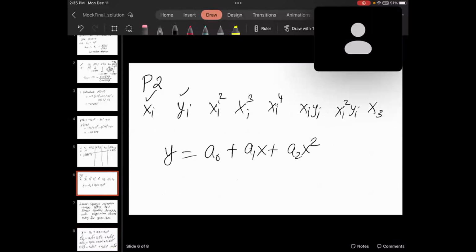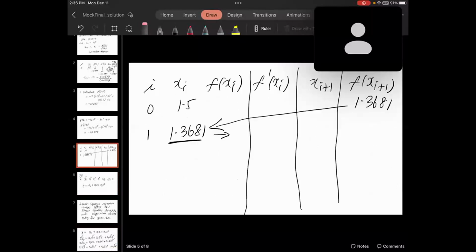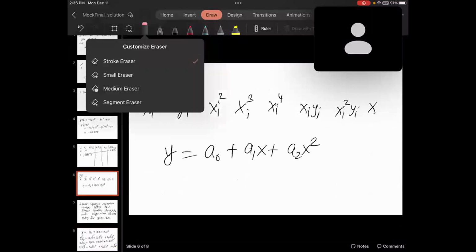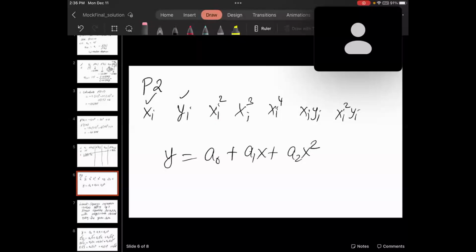I think it's just up to x squared y; you don't need to go further. So you can get all these numbers from the original data, get their summation, and go for the final answer. Is it making sense so far? Yeah.